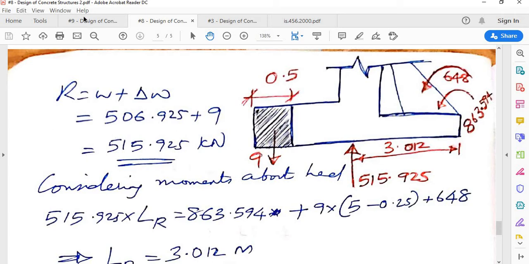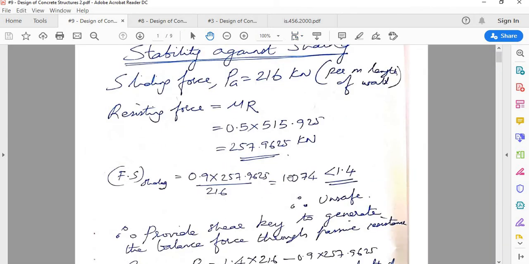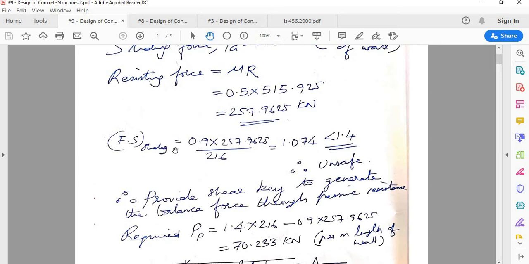So to this R you multiply the coefficient of friction, you will get the resisting force. Factor of safety in sliding is calculated by this formula, which we have seen from section 20 of IS 456. So it is coming out to be 1.074, which is lesser than 1.4, which is our desired factor of safety. Therefore, it is unsafe.